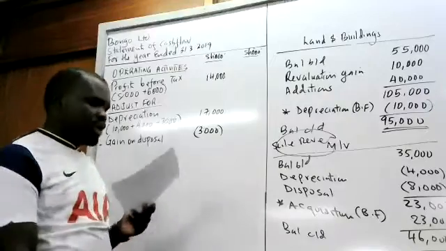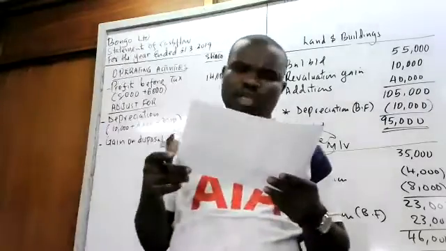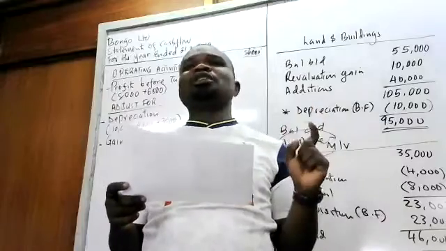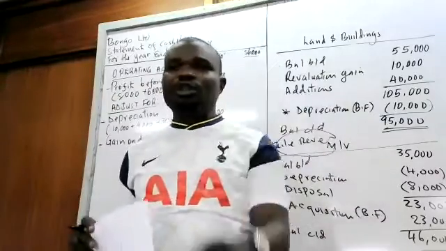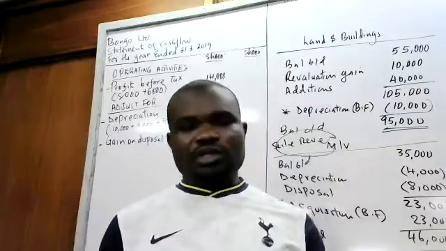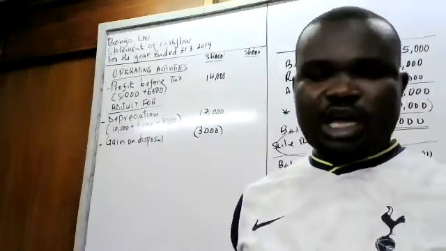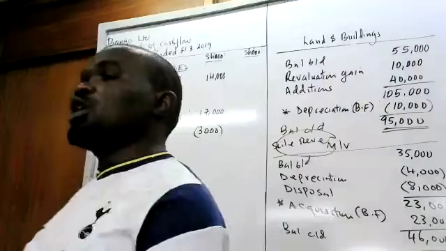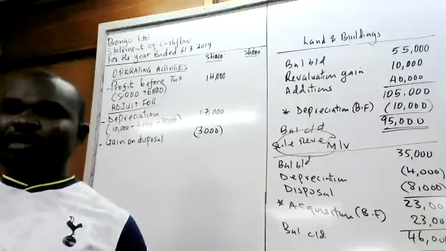Move on. Any other income or expense which you can see in the profit account. So check on the notes. There are some expenses, maybe, or income, which are not operating.